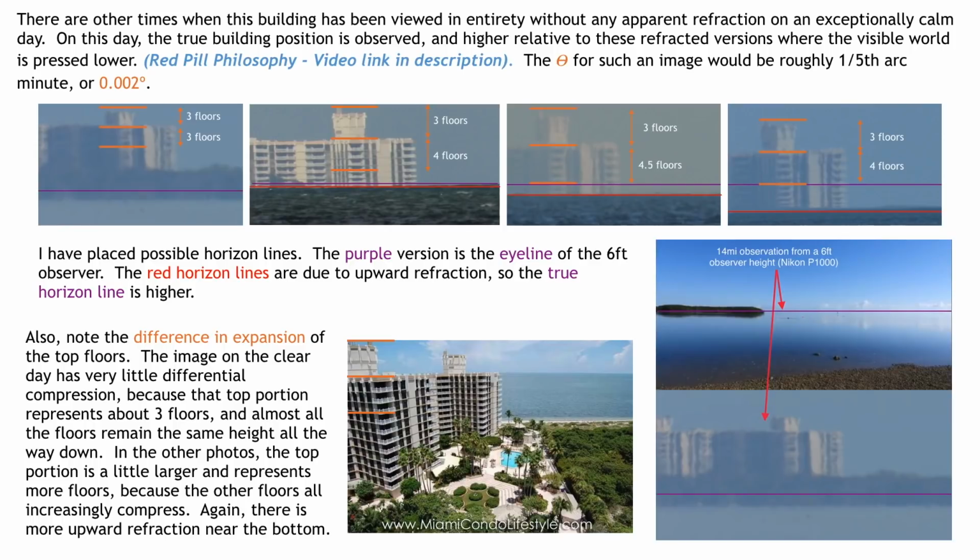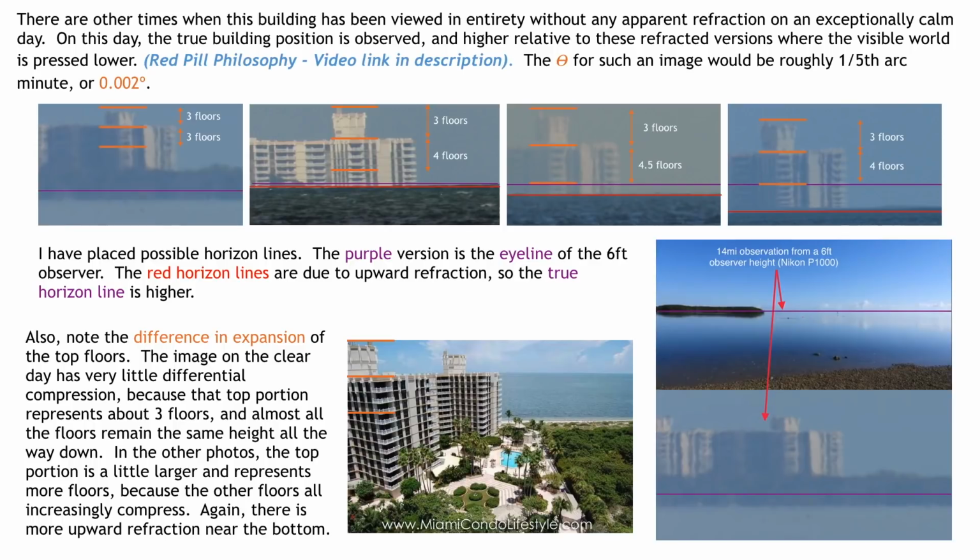As an example of that, look at the condominium picture on the bottom, and you can see that top structure on top of the roof represents about 3 floors worth. When you compare it to the upper left footage, where it's that crystal clear, essentially non-refracted day, it represents exactly about 3 floors. But when you compare it to the other observations, that top structure represents 4 floors on one day, about 4.5 floors on the other day, and another 4 floors.